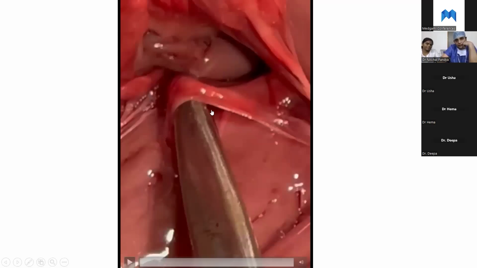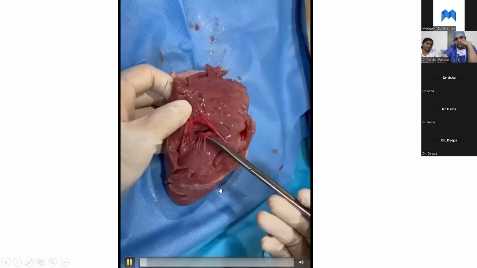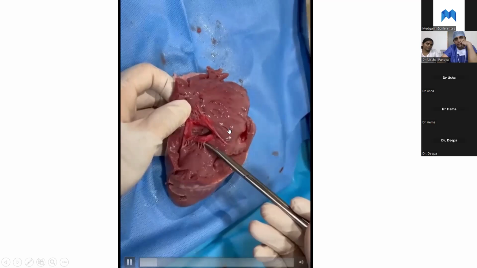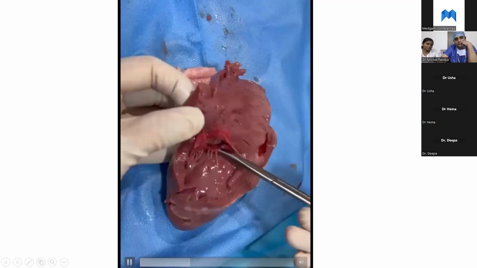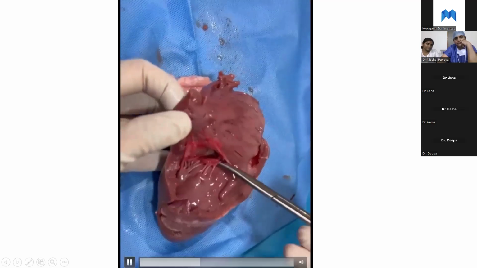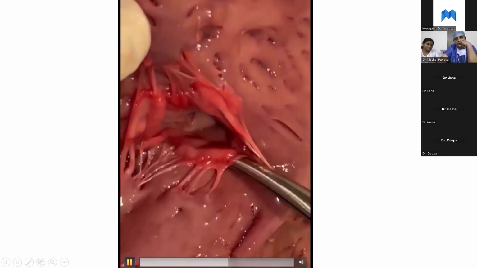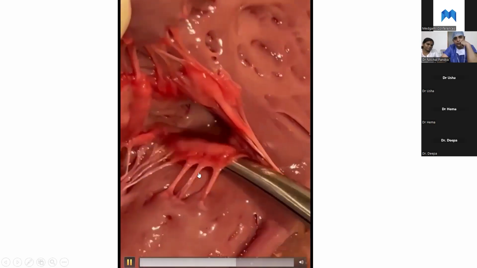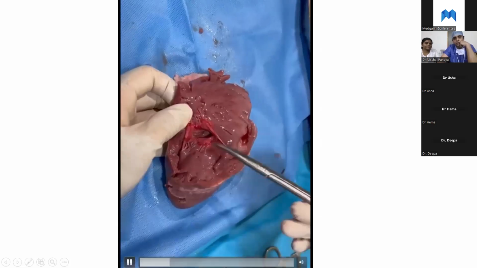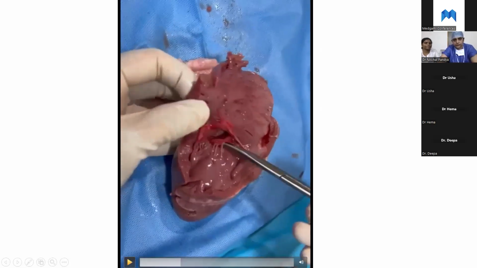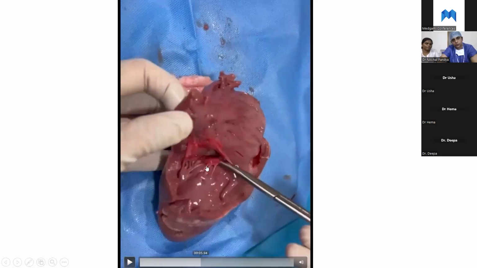Now just under this, let it run a little. Okay, so if you look at this again at this point, where the scissors are going, this is more into an inlet posterior area.